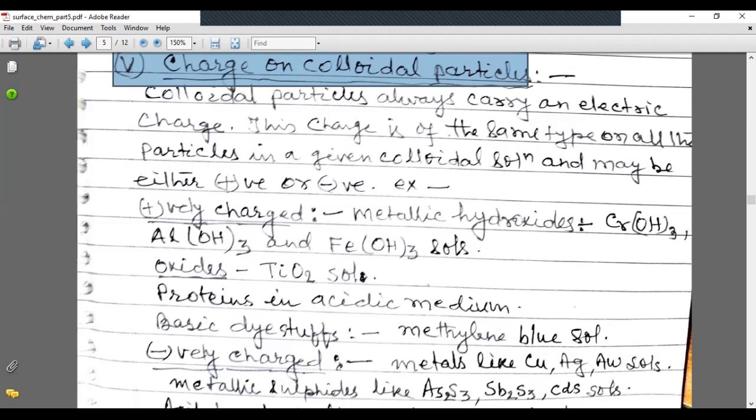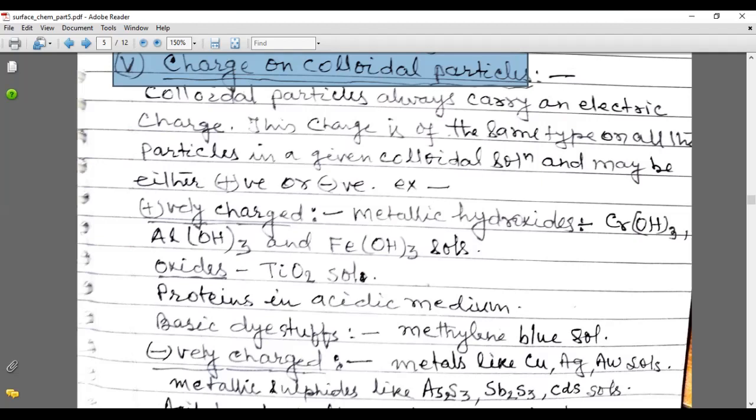Example, positively charged colloidal solutions: metallic hydroxides like chromium hydroxide, aluminum hydroxide, iron hydroxide, etc.